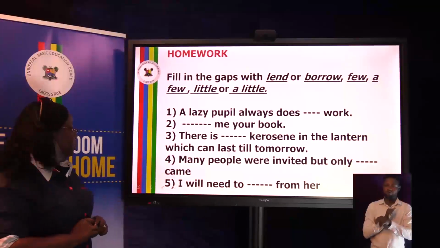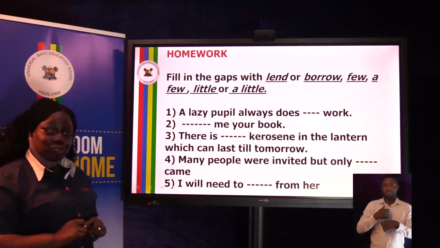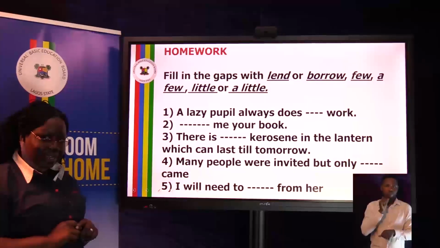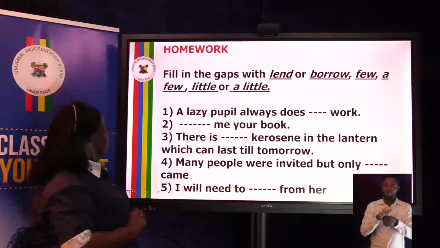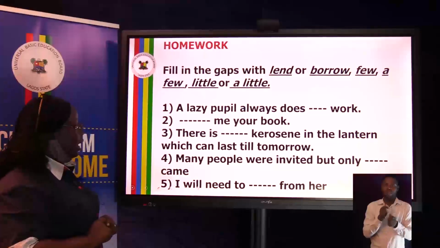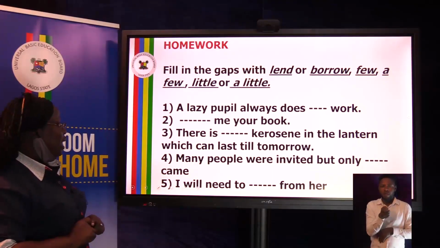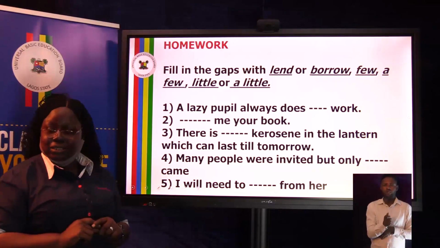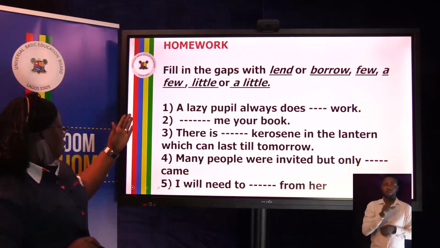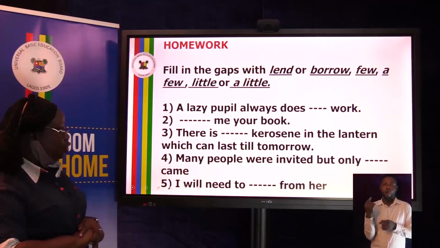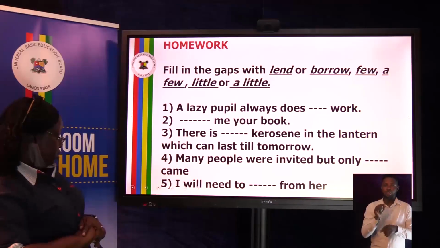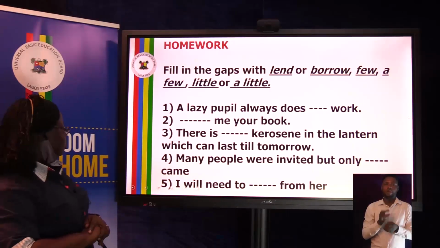Now, homework. Please make sure you do your homework regularly. Fill in the gaps with lend or borrow, few, a few, little or a little. 1. A lazy pupil always does dash work. 2.